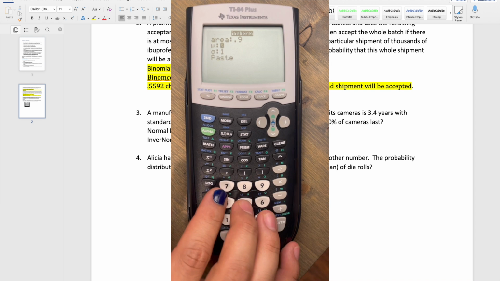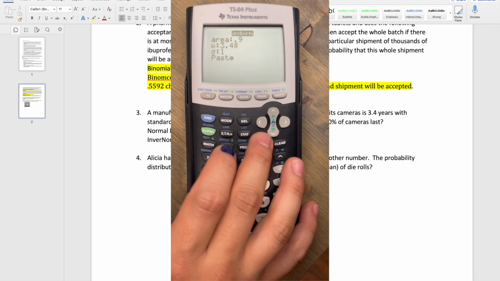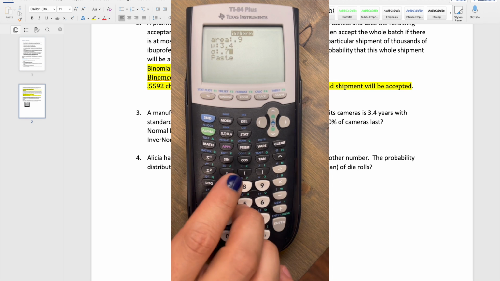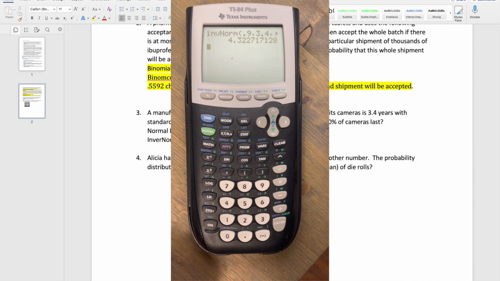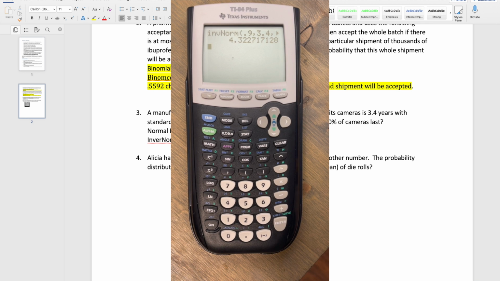And then our mean is 3.4, and then our standard deviation is 0.72. Okay, so 0.9, 3.4, 0.72 is equal to 4.32. We'll just round it to 4.32 years.